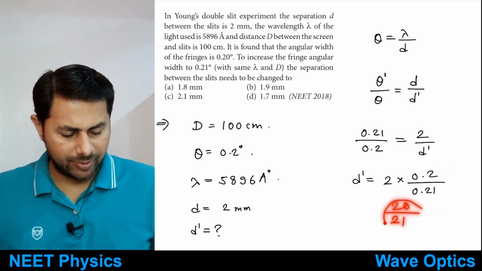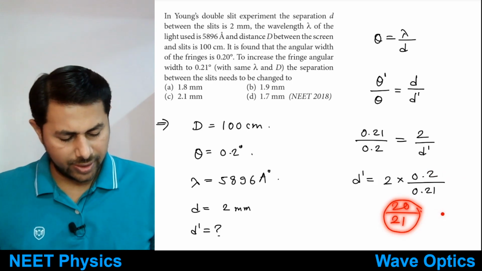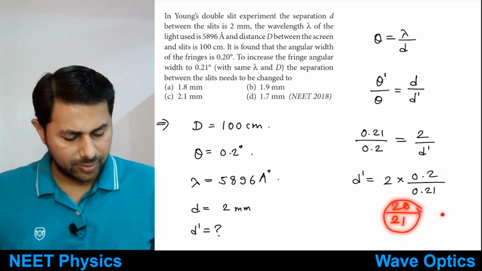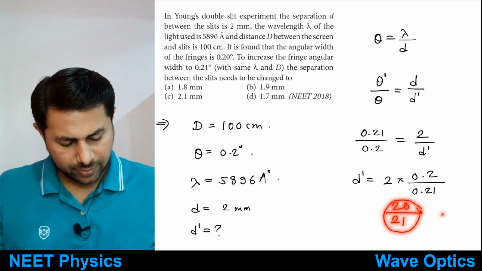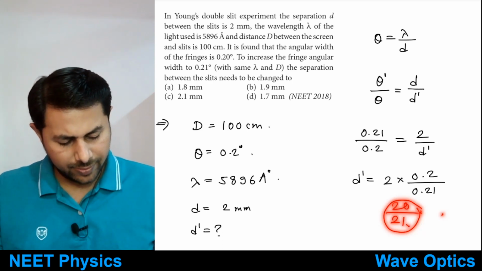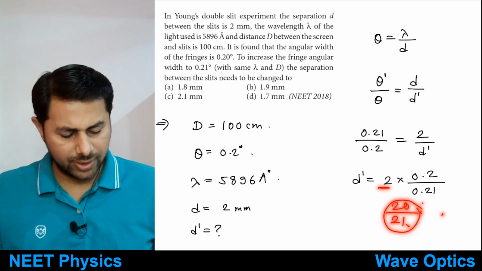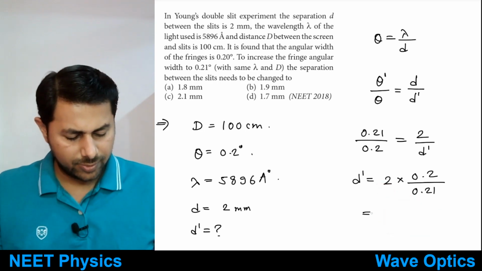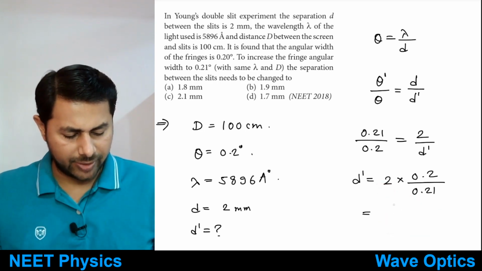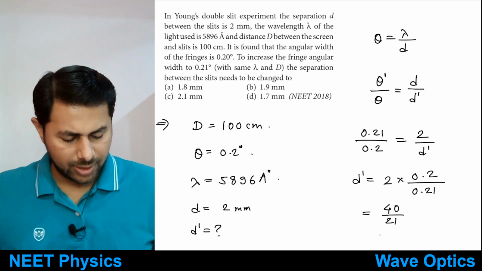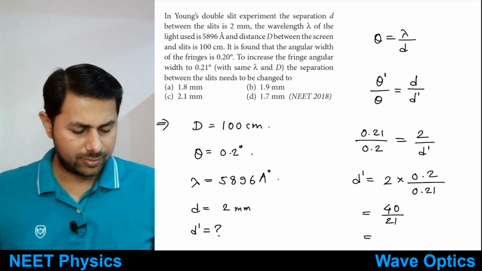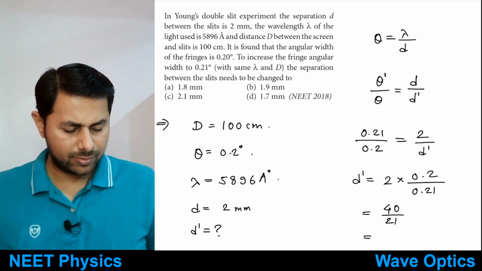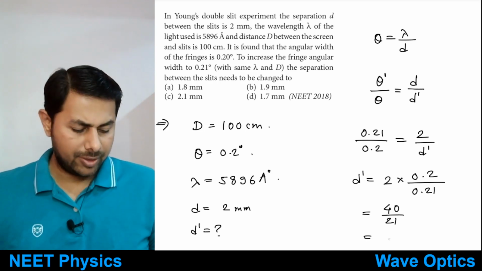20 divided by 21 would be equal to 0.9 something, right? So this thing times 2, or 40 divided by 21, how much is it? Tell me.